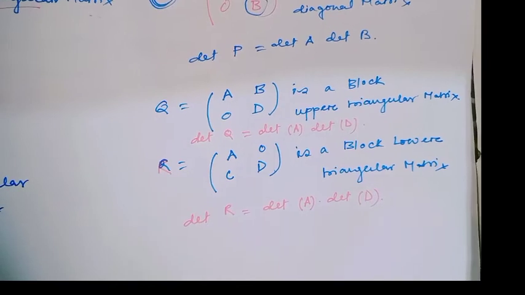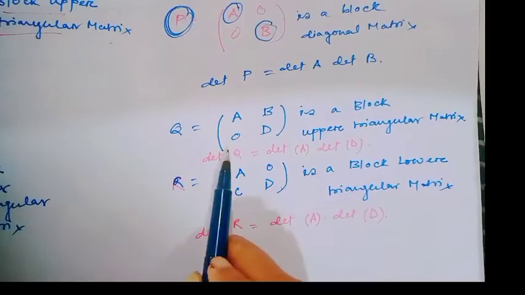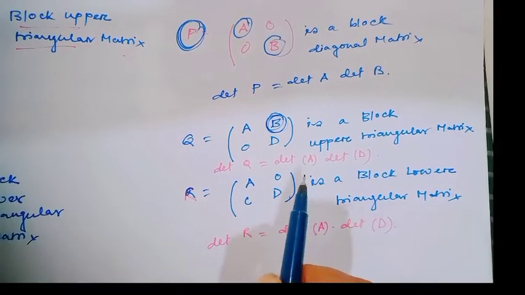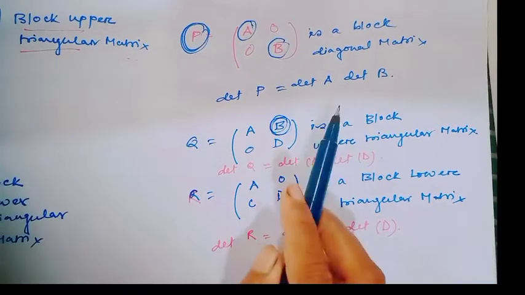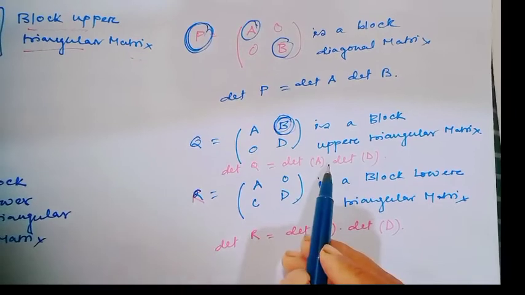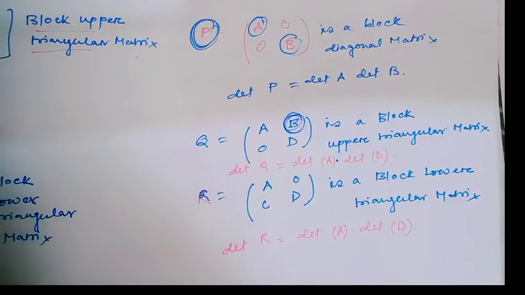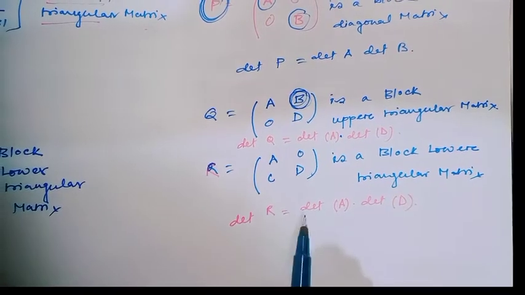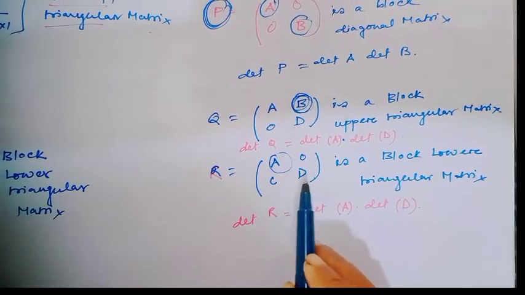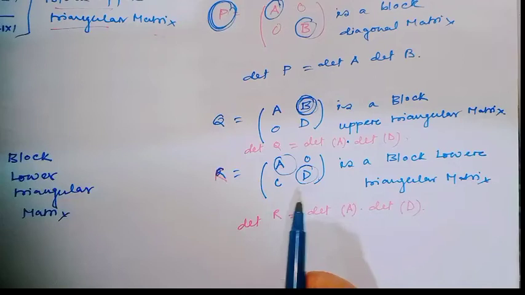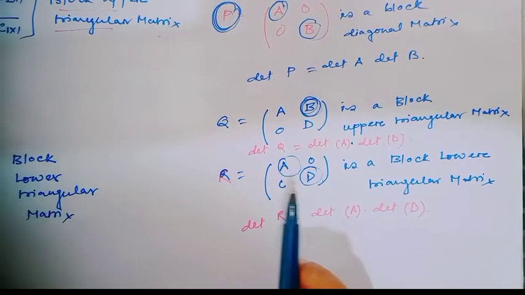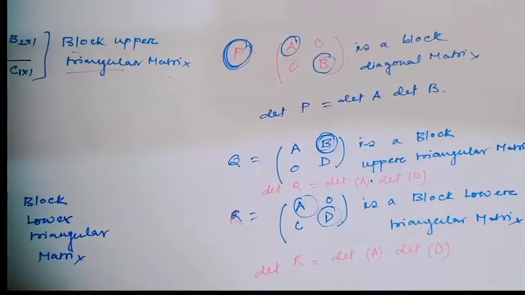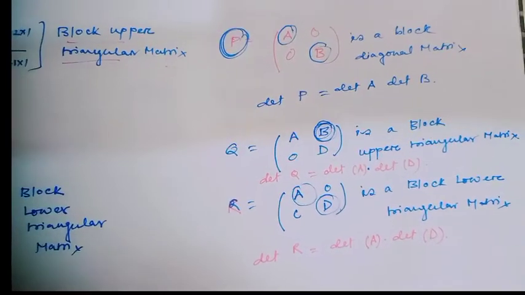The determinant of this matrix, here B is not included in the determinant. Similar to the block diagonal matrix, this would be determinant of A times determinant of D. Similarly, for a block lower triangular matrix, the determinant is determinant of A times determinant of D. Here C does not depend on the determinant. Okay, this is the determinant of block matrices.